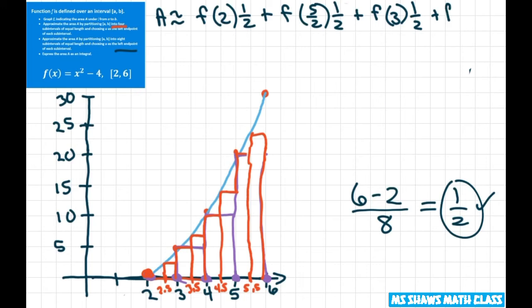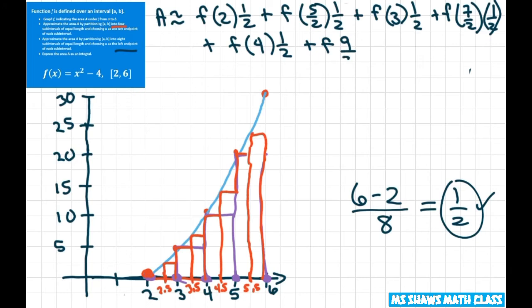Plus f of 7/2 times 1/2. Plus f of 4 times 1/2. Plus f of 9/2 times 1/2. Plus f of 5 times 1/2. Plus f of 11/2 times 1/2.